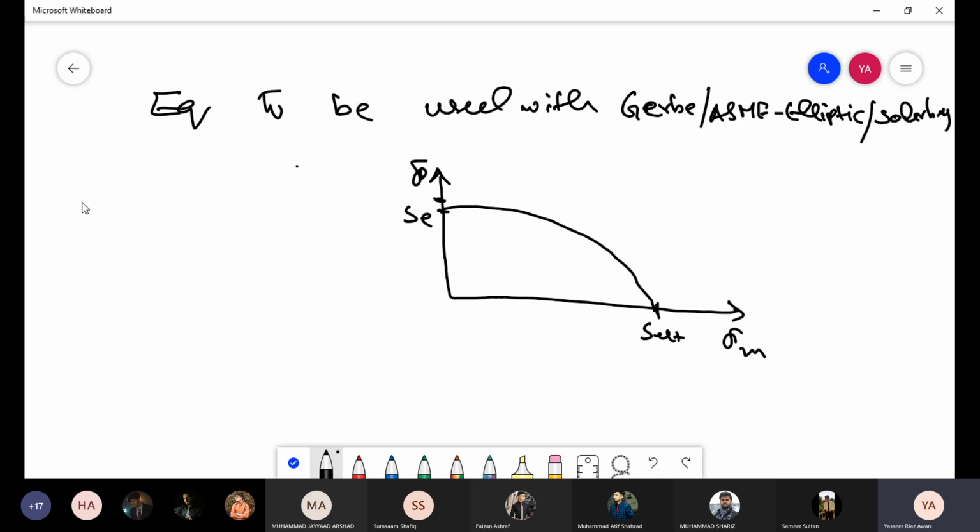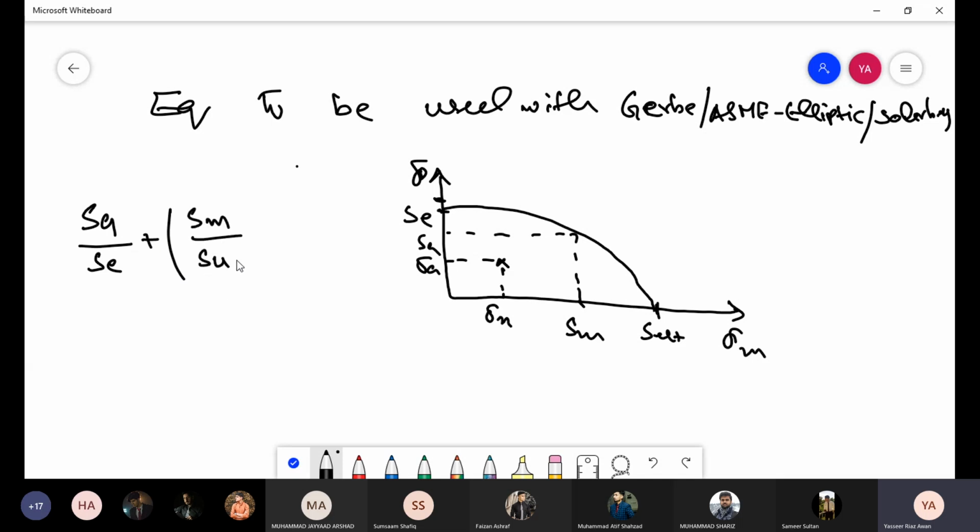So obviously now the equation would no longer remain linear. And once again using SA and SM for points on this parabola, and sigma A and sigma M for points inside it. So the equation of this parabola is basically SA divided by SE plus SM over SUT squared equal to 1.